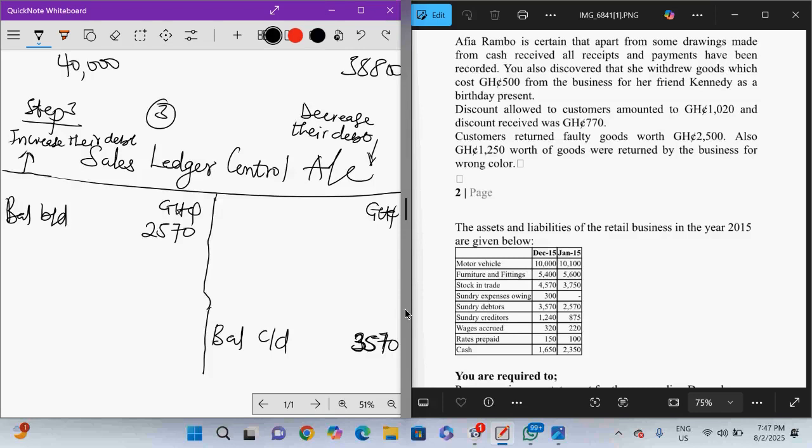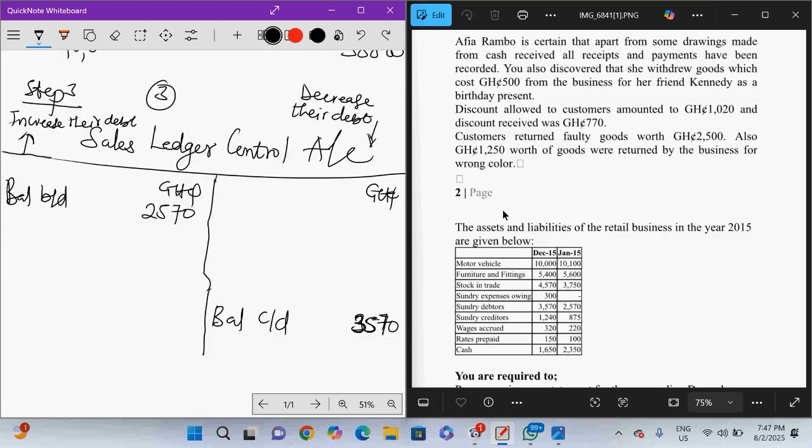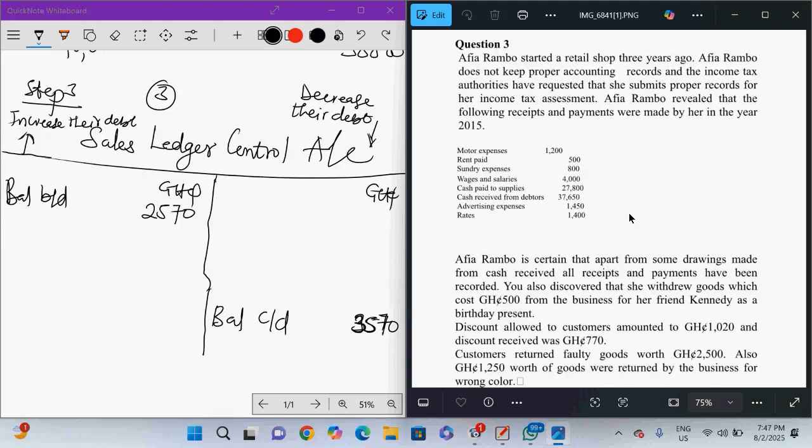So now let's come to the items that will go into the sales ledger control account. What are the items? Cash received from debtors. Will it increase their debt or decrease their debt?